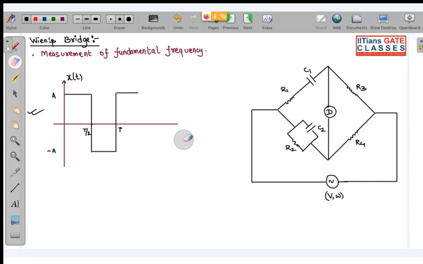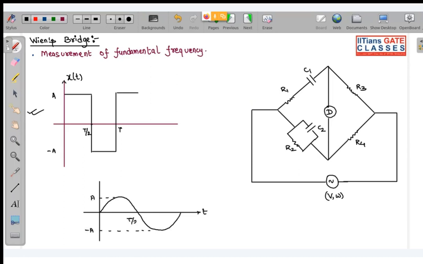P average is zero. So P average is zero.